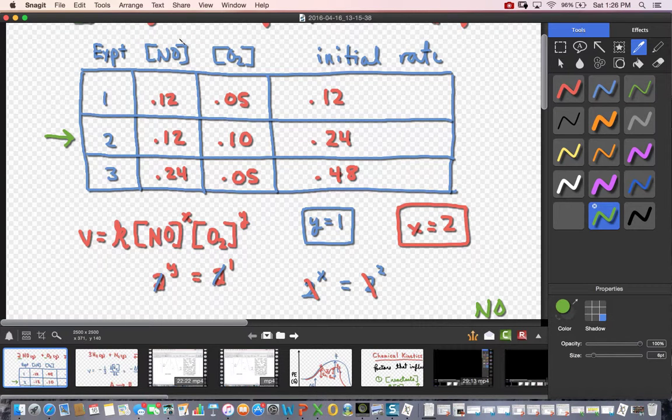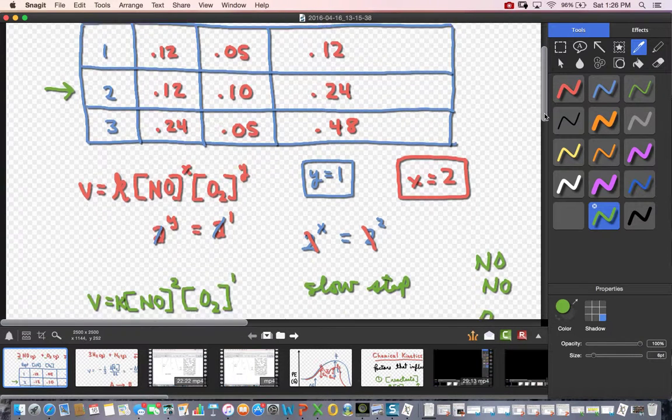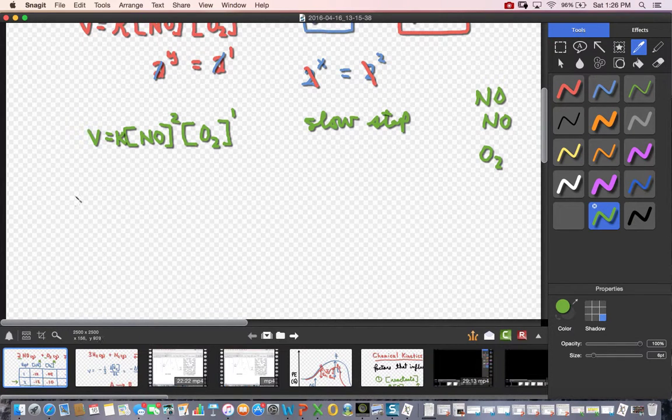Now these units are molar and molar and molar per second. So solving for K, K is equal to V divided by the concentration of NO to the second power times the concentration of O2.